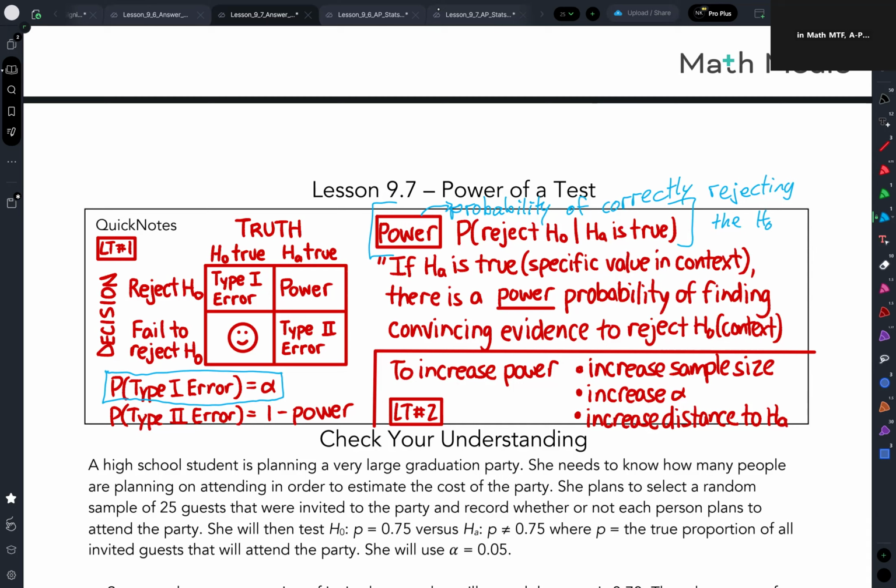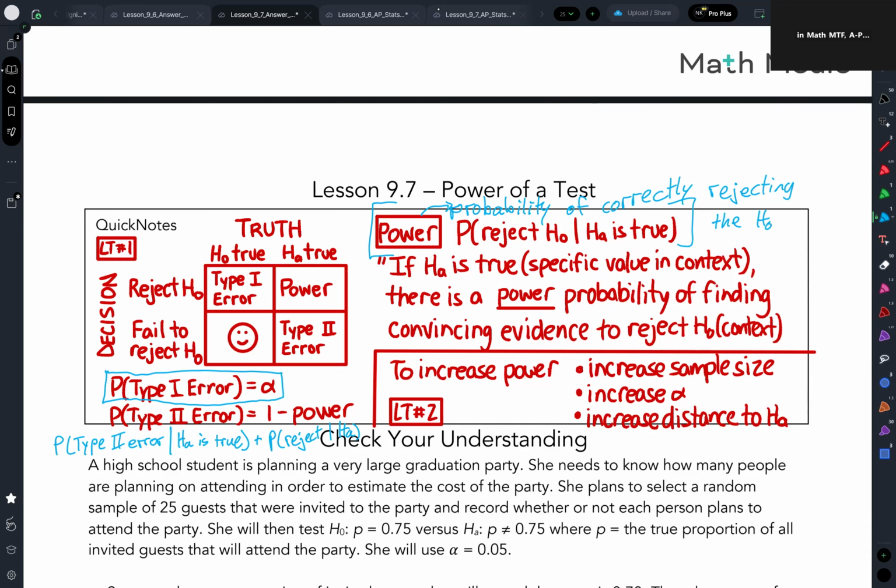Either we can make a type 2 error given the alternative is true, or we can reject given the alternative is true.